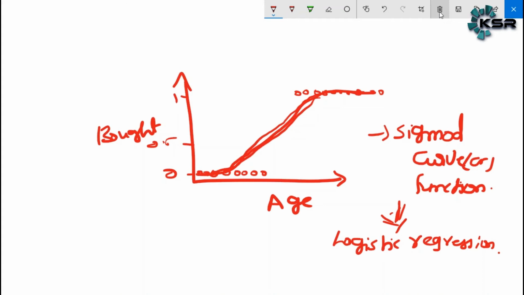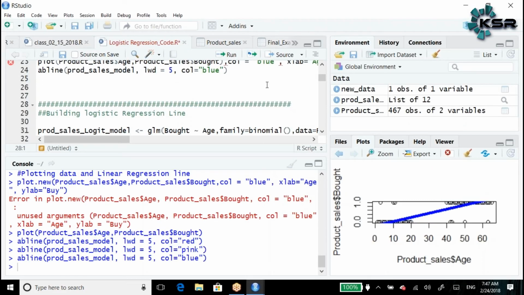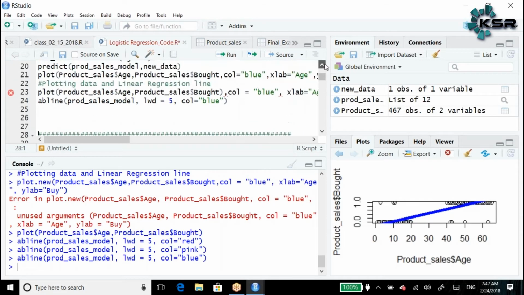Yes, Koti. And you told something like beta naught equal to minus beta 1 x. That explanation I couldn't follow. That explanation I gave was about why we don't use linear regression when your dependent variable is binary.